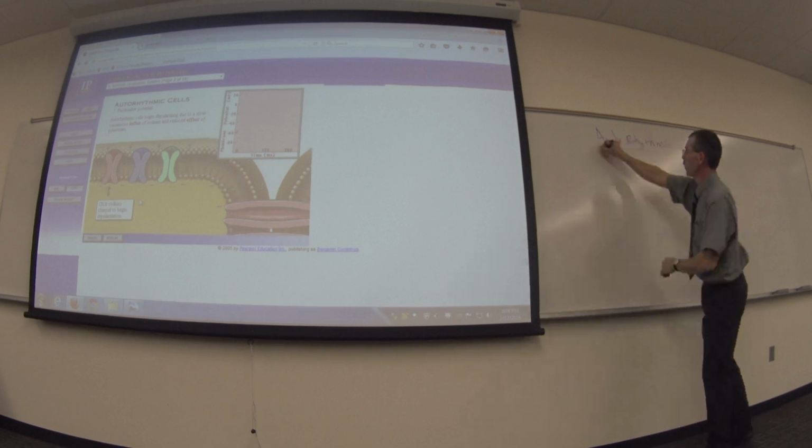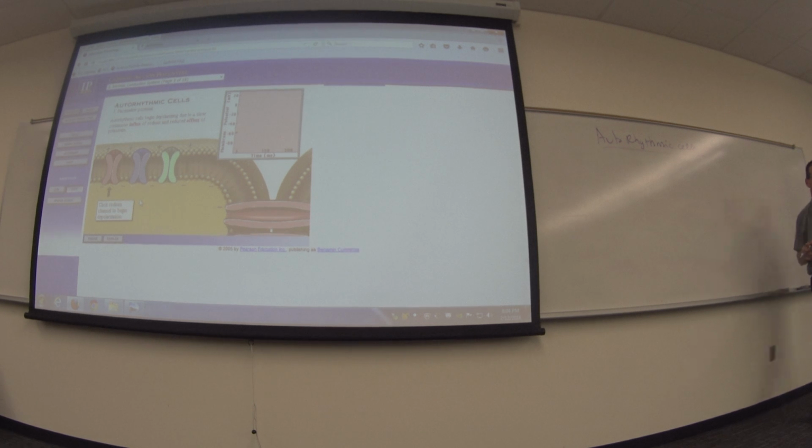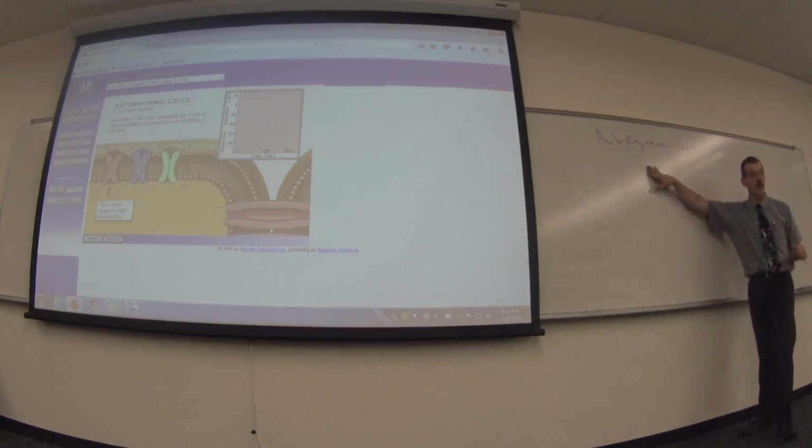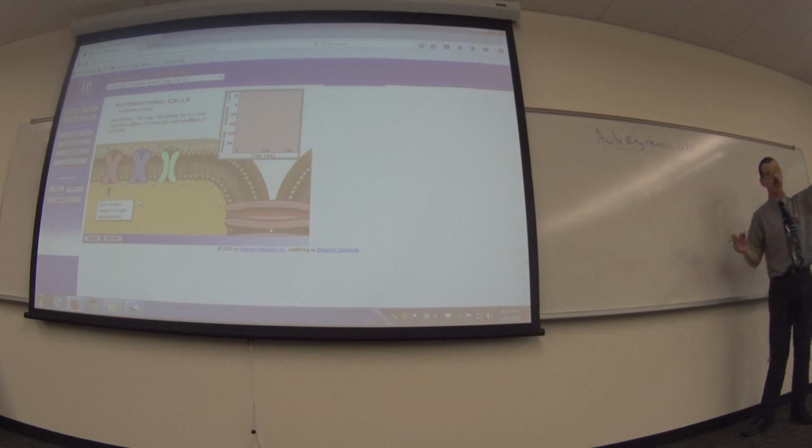Okay, this first list we're going to do, the steps are in the autorhythmic cells. These are the nodes. These are the Purkinje fibers. So we're going to do the autorhythmic cells first, and we'll do the contractile cells later over there.